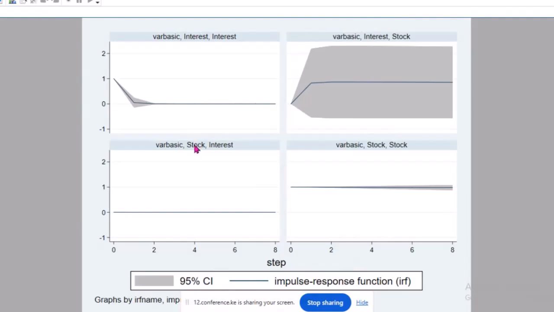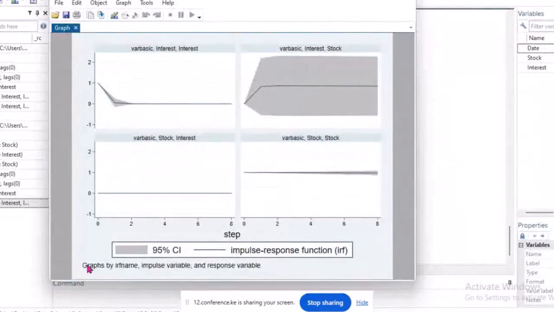Now, if I minimize a bit, at the bottom here you'll see the graphs by IRF name, comma, impulse variable, comma, response variable. So this is the name of the model, VAR basic. This is the name of the impulse variable, the second one, and the last one is the name of the response variable.